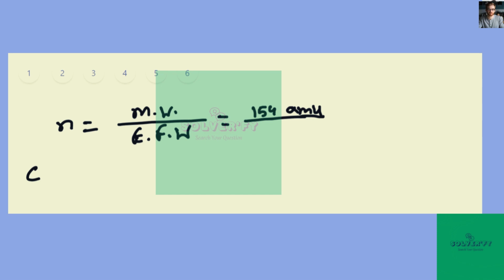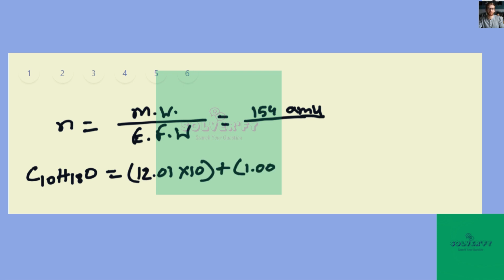Now we have to find out the empirical formula weight. The empirical formula here is C10H18O. That means the empirical formula weight will be 12.01 times 10 for carbon, plus 1.008 times 18 for hydrogen, plus 16 for oxygen.